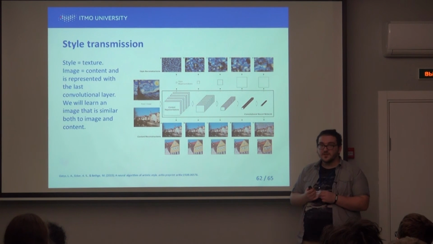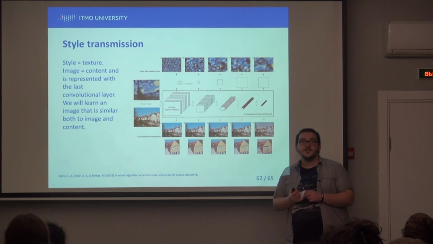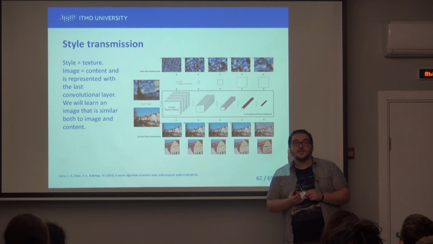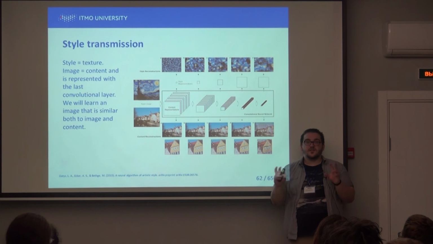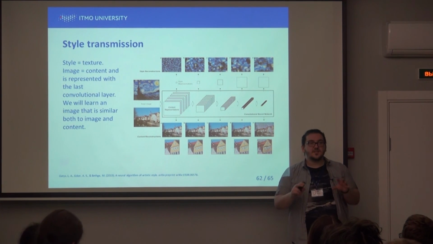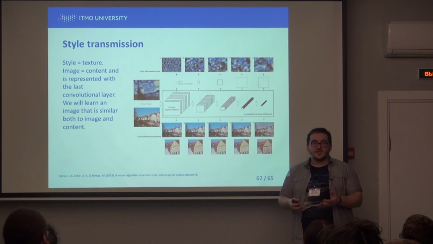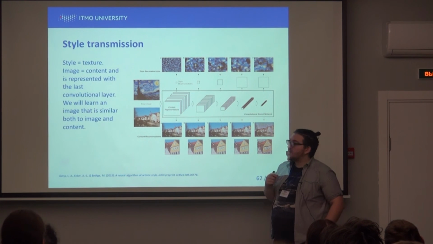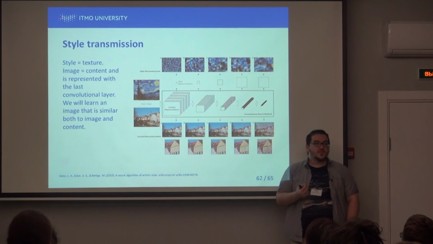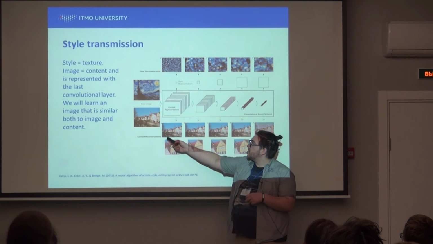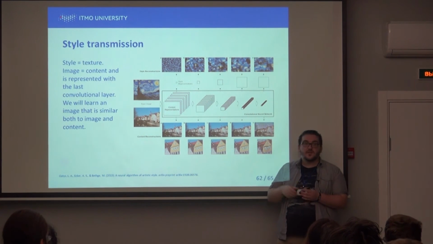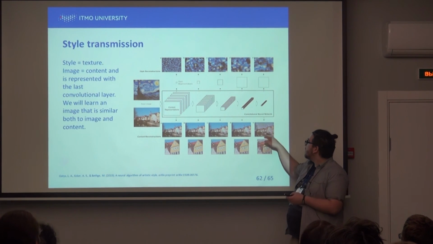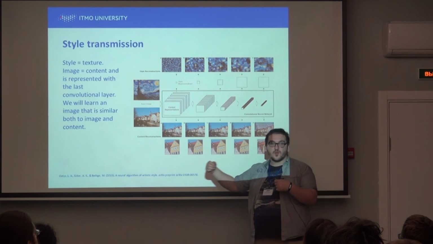And this is how the problem of texture synthesis is solved these days. This was used for more artistic purposes. Okay, we want to translate styles. Style is the texture itself, in fact. So style is how our image is designed, and what we see on the image is just its content. What we want to do is mix. We have an image, we have a texture or style, and we want to apply this style to the image we have. In order to do so, we just need to do what we already learned.